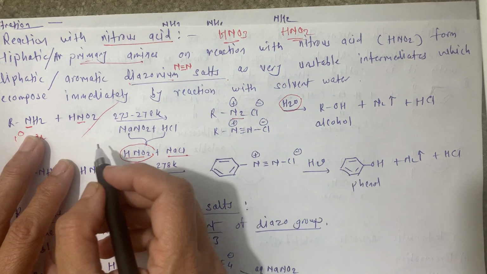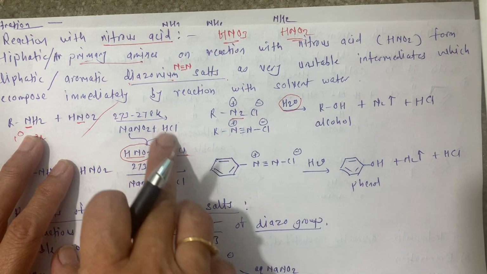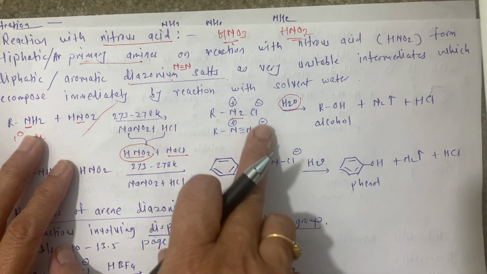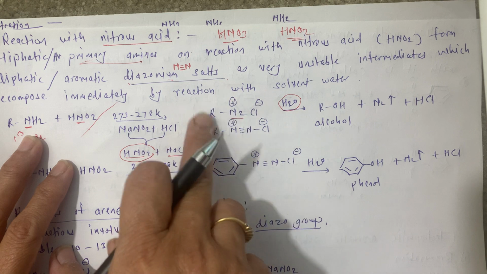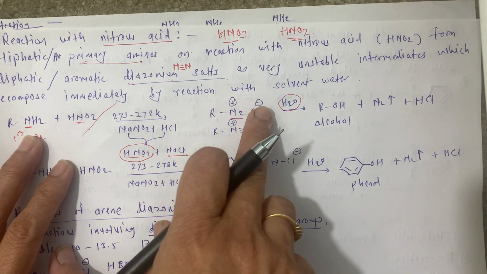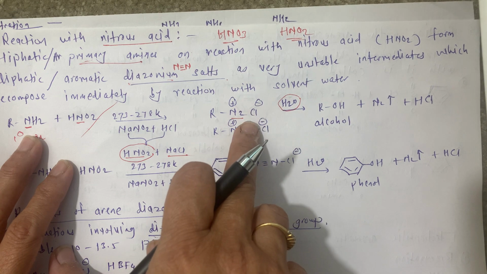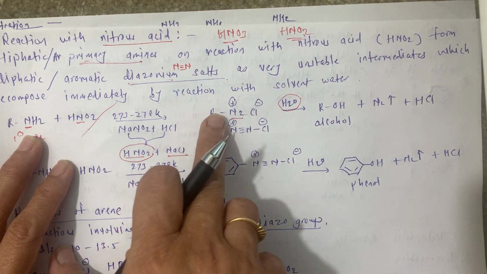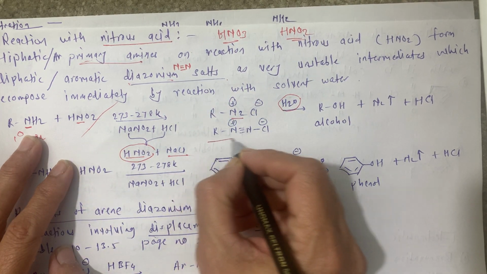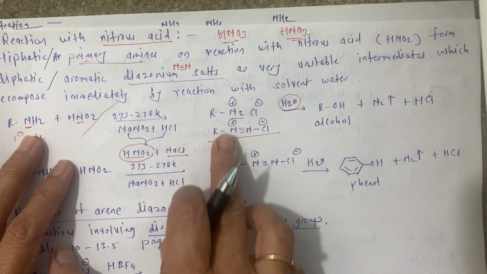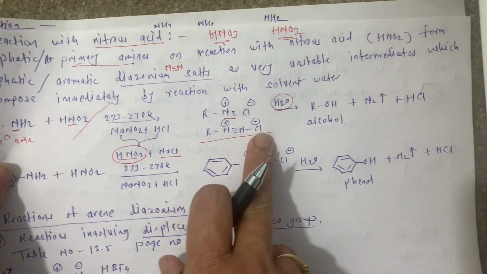Then from this HCl, the chlorine is going to satisfy this salt, because this carries a positive charge, and to give a stable salt there should be a minus, and that Cl carries minus. So RN2Cl, the structure is like this: R N+ triple bond N and Cl minus.